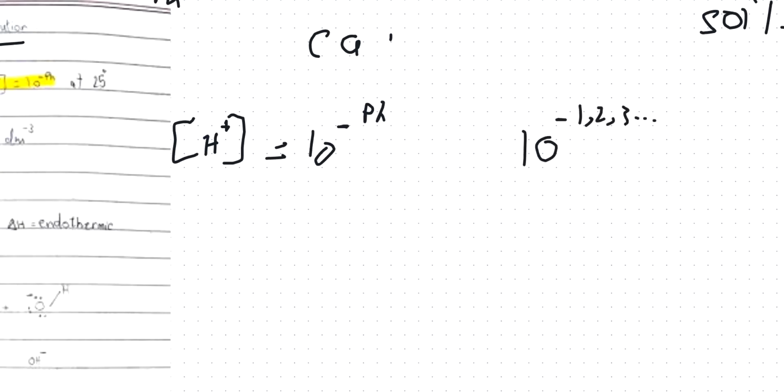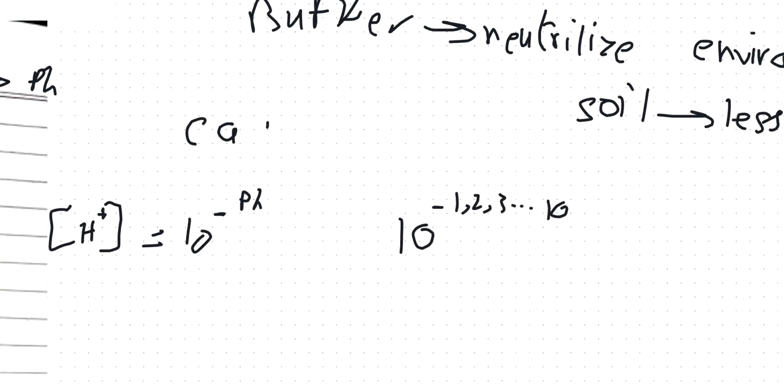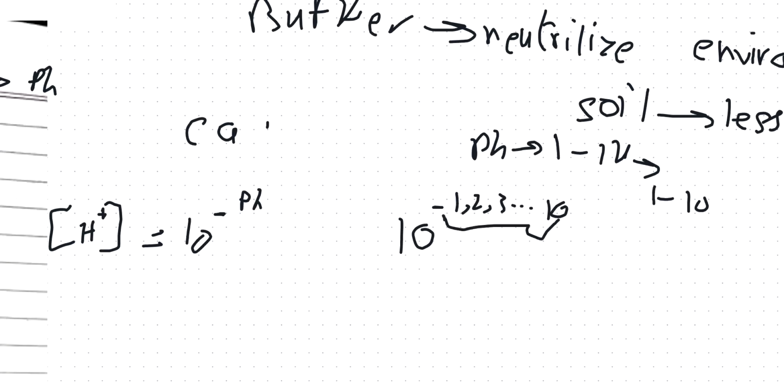Why did I do this? Because remember, pH values are whole numbers, ranging from 1 to 14. Usually they'll give you values from 1 to 10 or 1 to 13. So memorize the value of 10 raised to the power negative whole numbers. This will also come in handy.